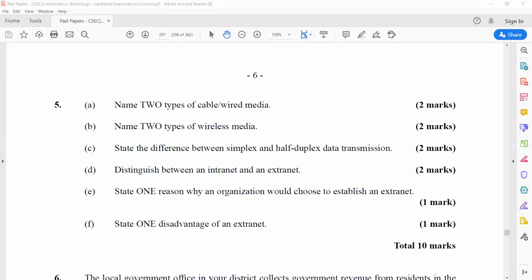Anyone willing to put forward an answer? Two types of wired cable could be coaxial and fiber optic. Right, so those are two examples, coaxial and fiber optic cabling.